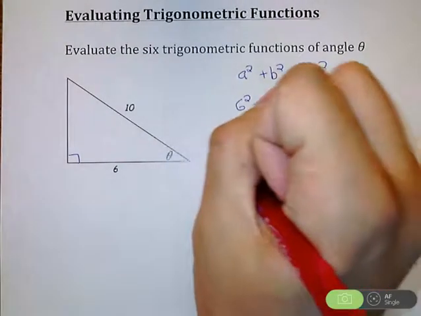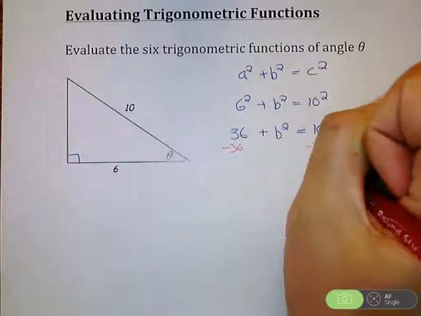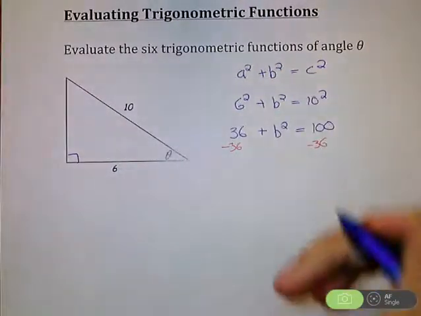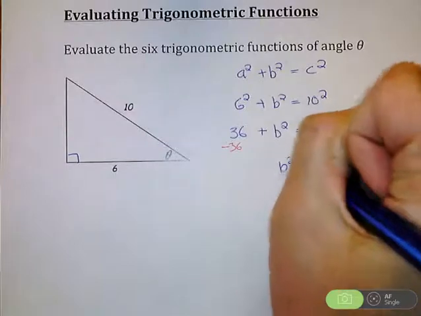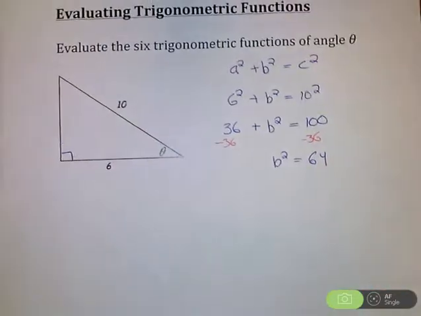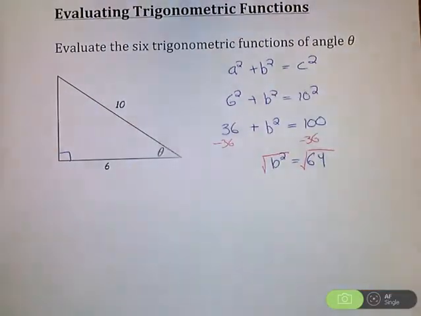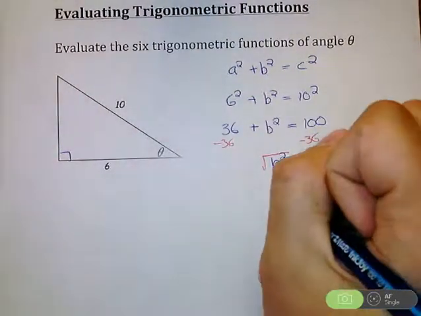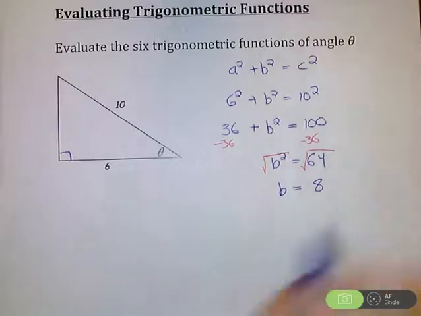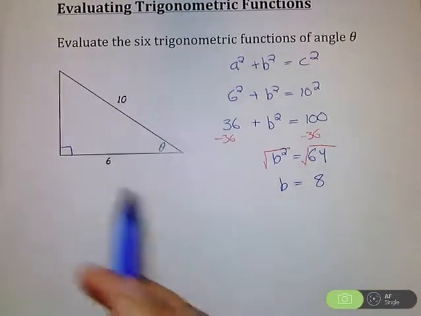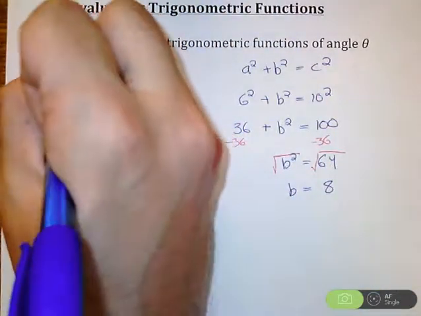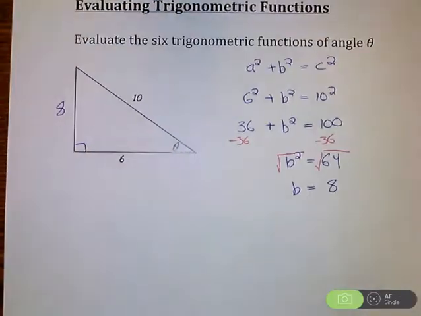So we're going to subtract 36 here, subtract 36 there, and we're going to have b squared equals 64. The only thing left to do there is take the square root of both sides, and we get b equals 8. So my missing side on this triangle over here is going to be 8.